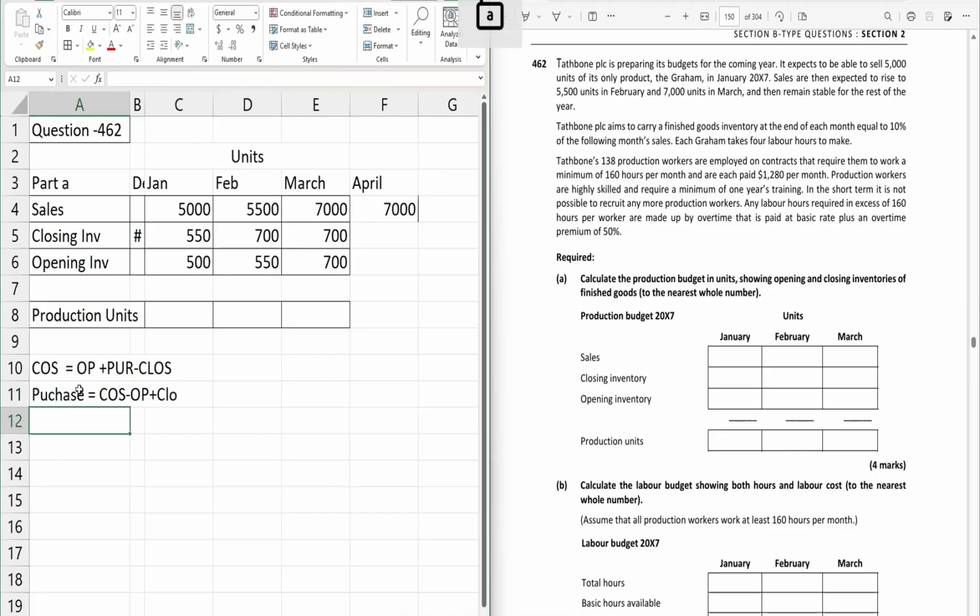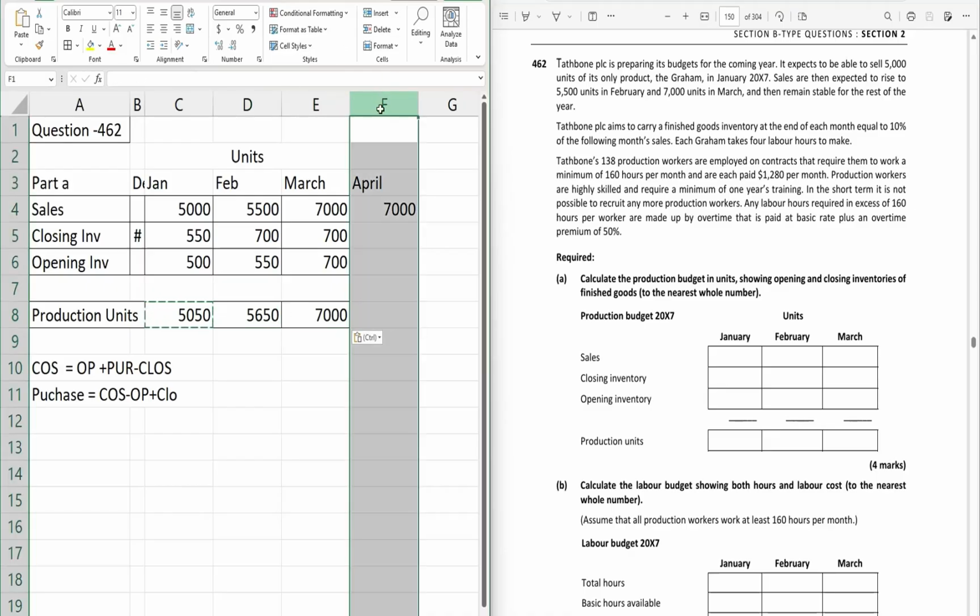So we have to do the same in this box as well. Purchase means cost of sales, minus opening, and plus closing. So doing this we got 550 units as production for January, for February and March.